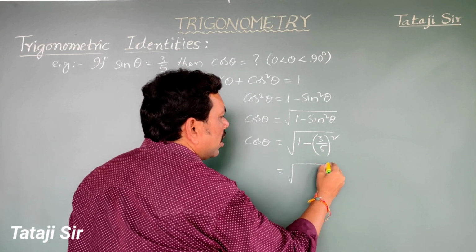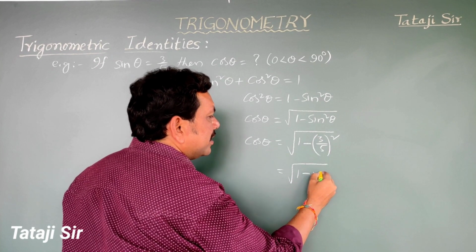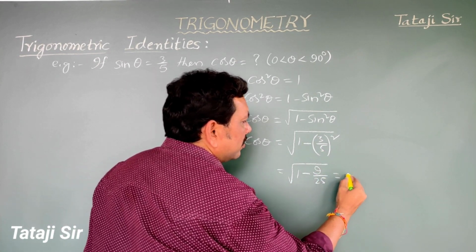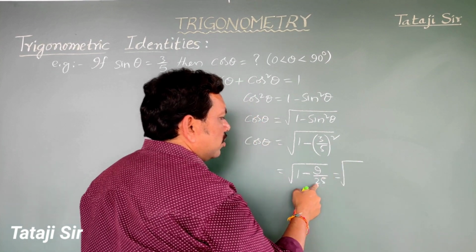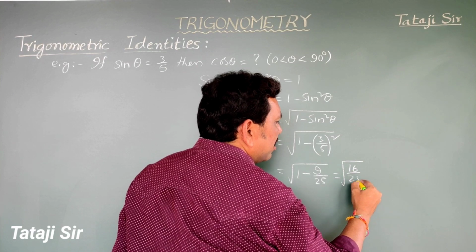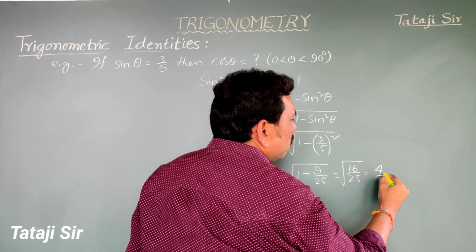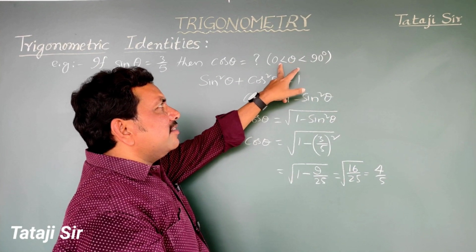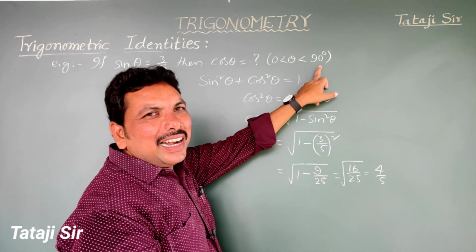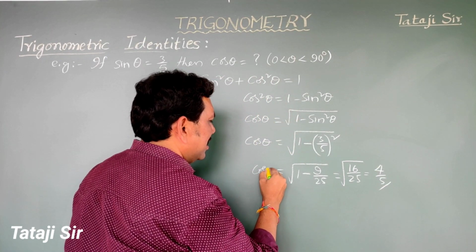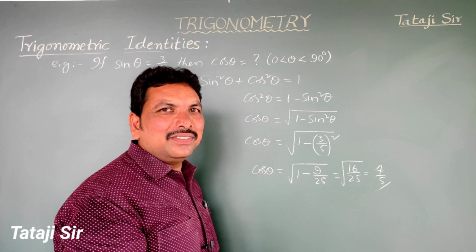That is equal to root of 1 minus 9 by 25, that is root of 25 minus 9 by 25, which is 16 by 25. That is equal to 4 by 5. Positive values only we have to take because the condition given is theta is in between 0 to 90 degrees. That's why positive values. So cos theta is 4 by 5.